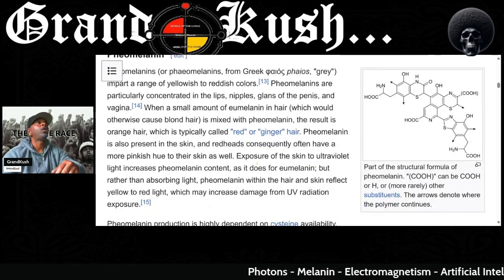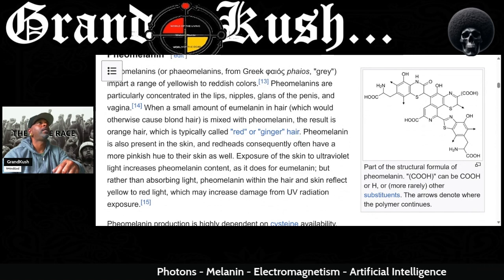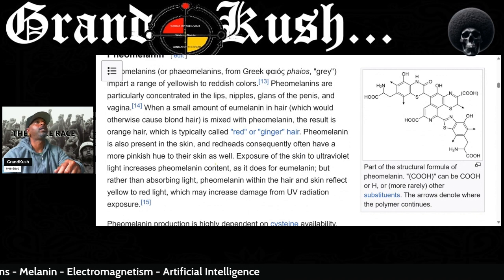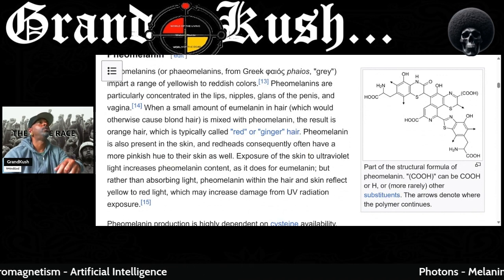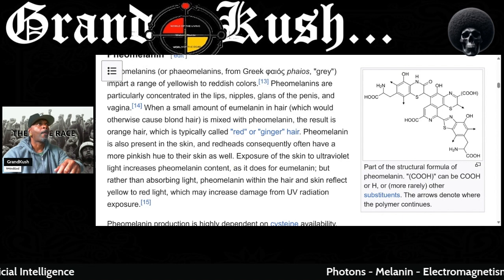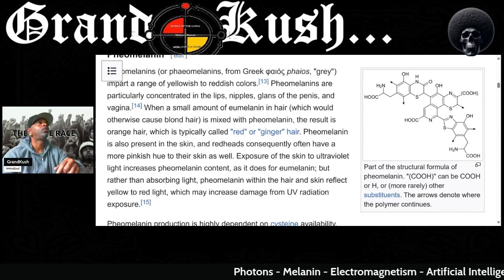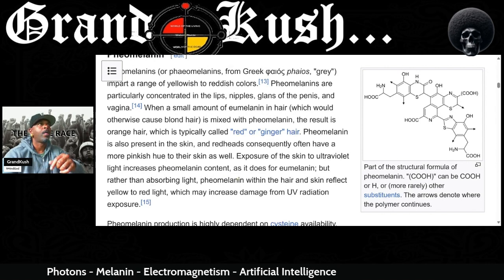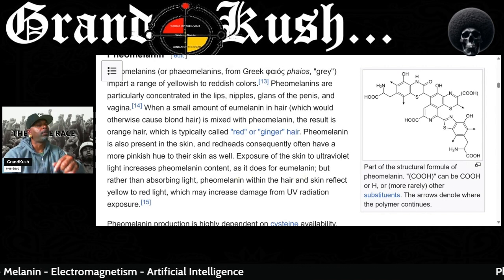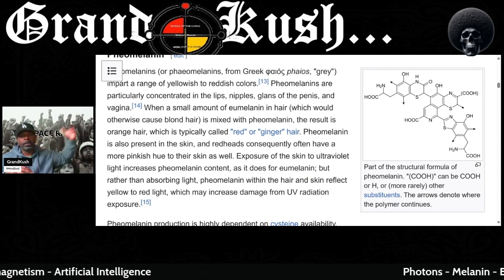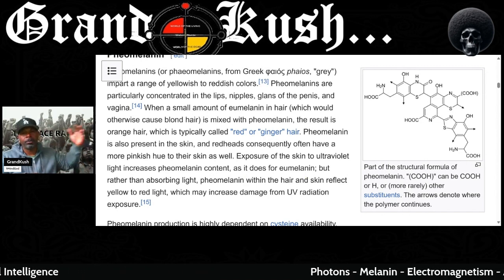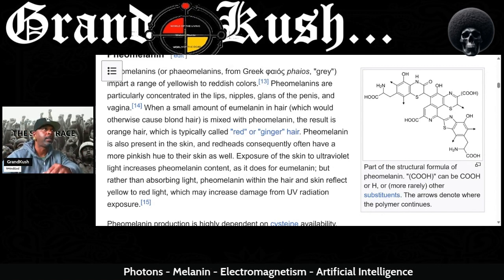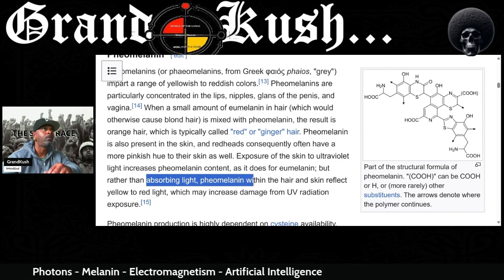Okay, so pheomelanin, right? Pheomelanin is also present in the skin, and redheads consequently often have a more pinkish hue to their skin as well. Exposure of the skin to ultraviolet light increases pheomelanin content, as it does for eumelanin. You're a pheomelaninite, you know what I'm saying? You can't just be a eumelaninite, right? But rather than absorbing, check this out.